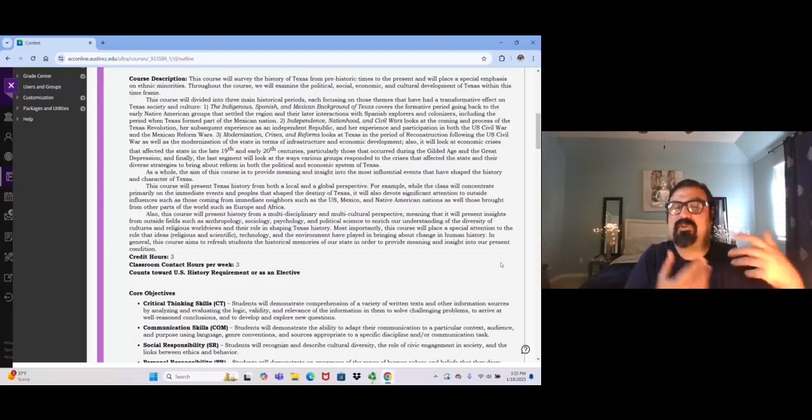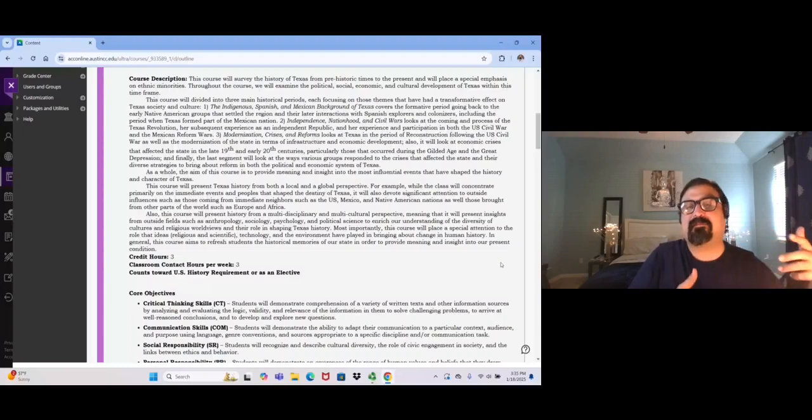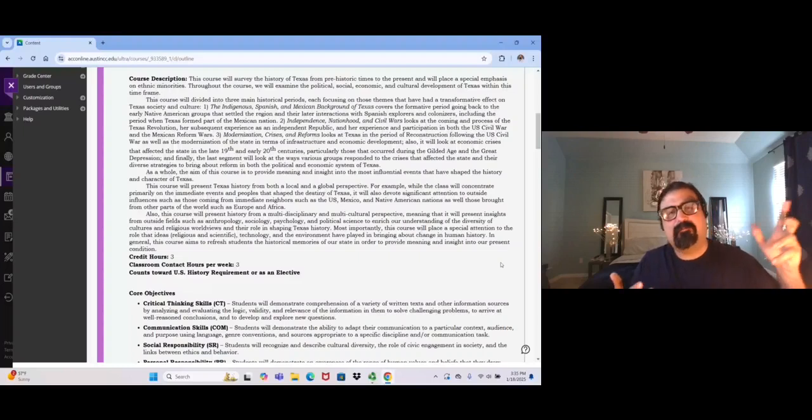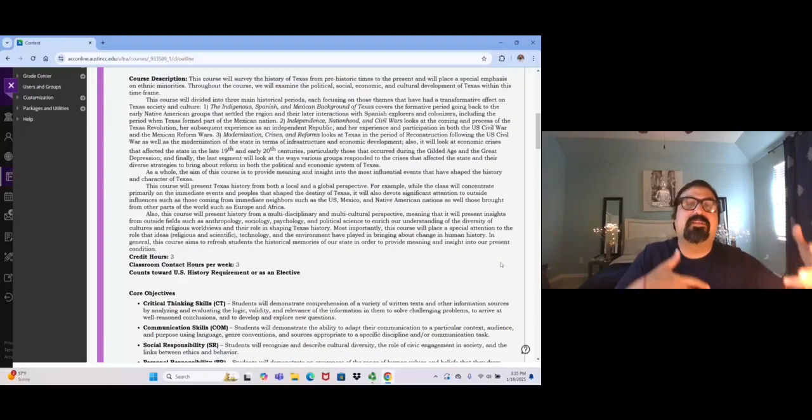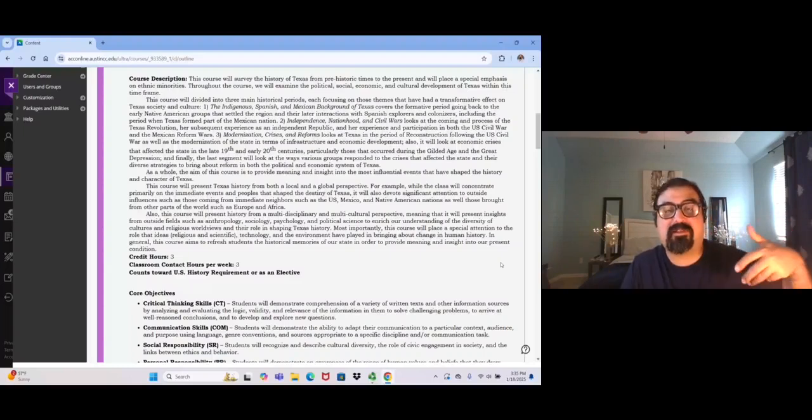The first historical era is going to look at what I call the indigenous, Spanish and Mexican background. Okay? Meaning that this is like the formative, if you will, stages of Texas history, which starts with the indigenous populations that inhabited this region.